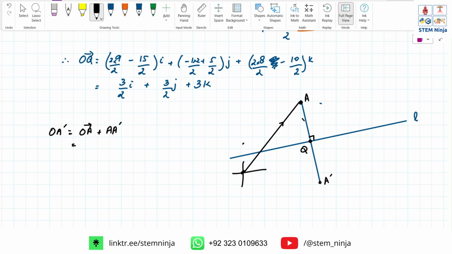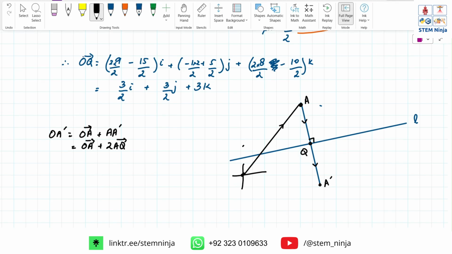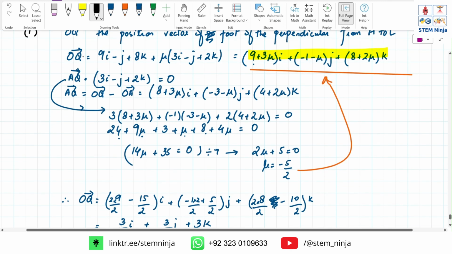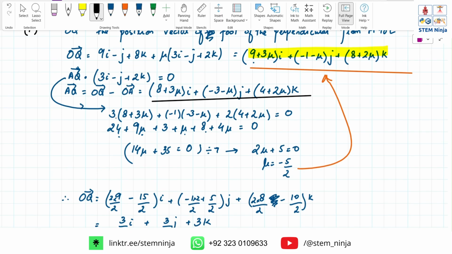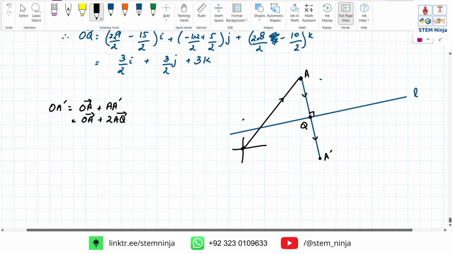And we know since it is twice the distance of AQ, so we can write it as 2AQ. And we also have AQ. This was the description of our AQ, which we can also use now.